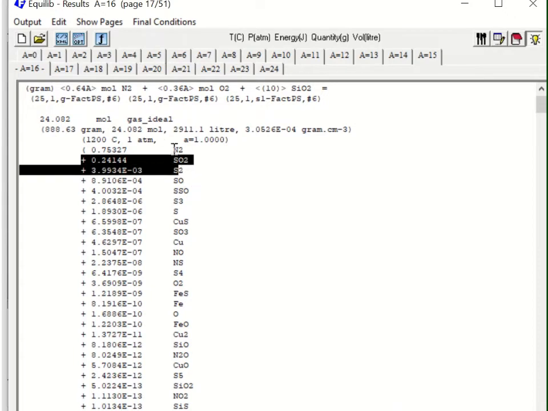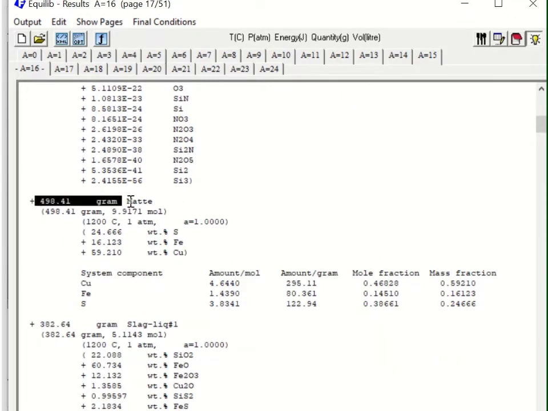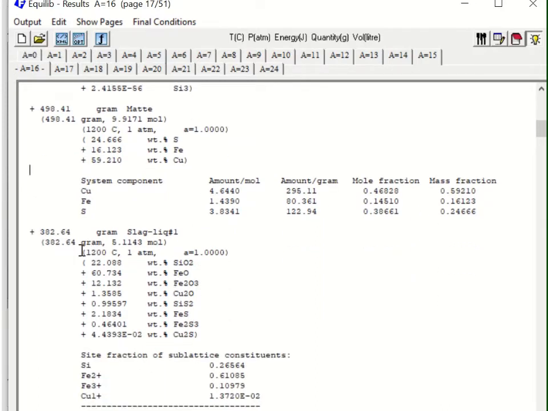Okay, so SO2 and N2. And then if you go down, this is the matte, 498 gram of matte, 59.2% of copper. It's quite a high copper grade, good enough. And then 382 gram of slag, and 22% of SiO2, it's very good actually.